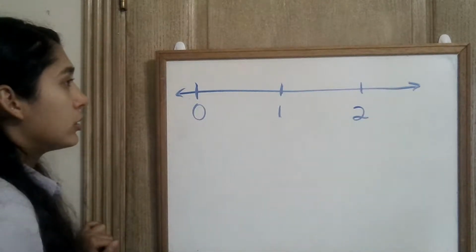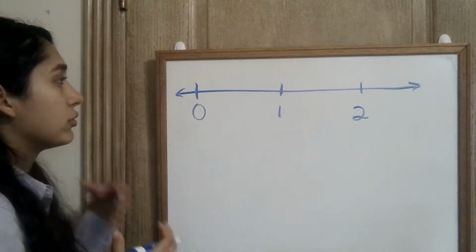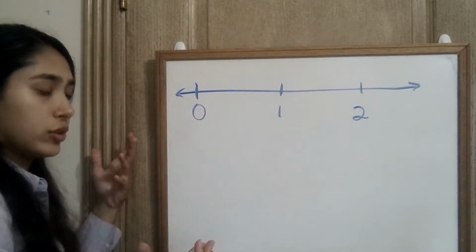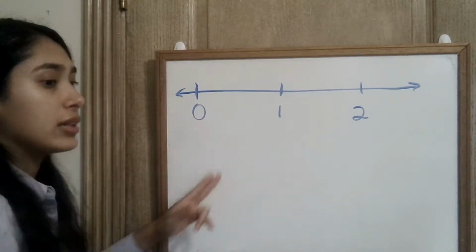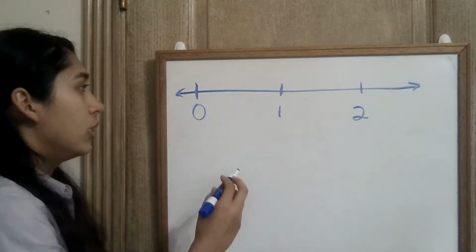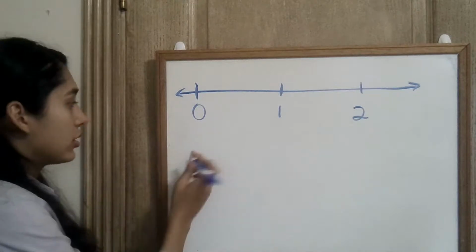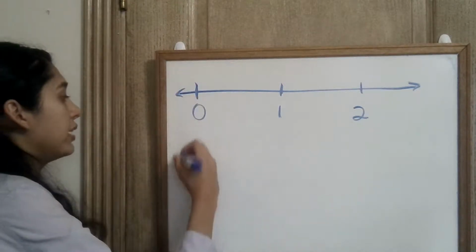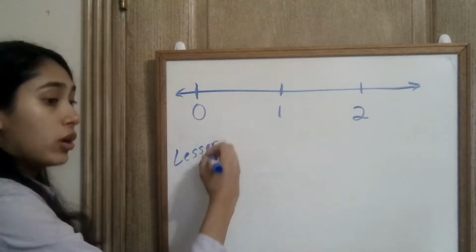Sometimes in the exam, they might ask you where a number goes on the number line, or it might put it on the number line and ask you which one is greater. With the number line, the more to the left, the lesser or smaller the value.